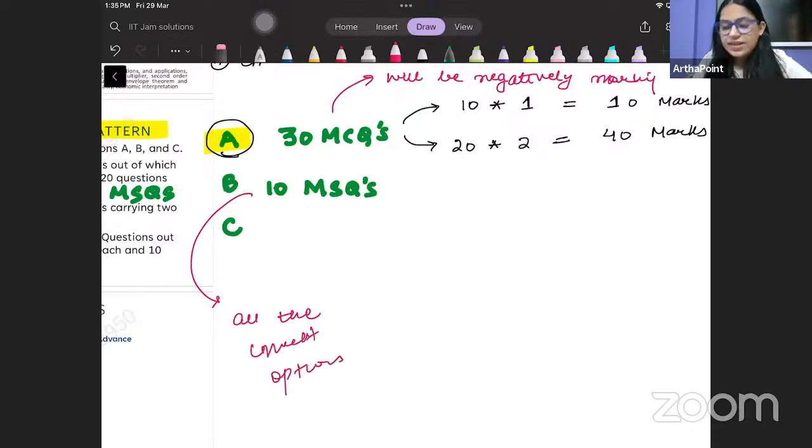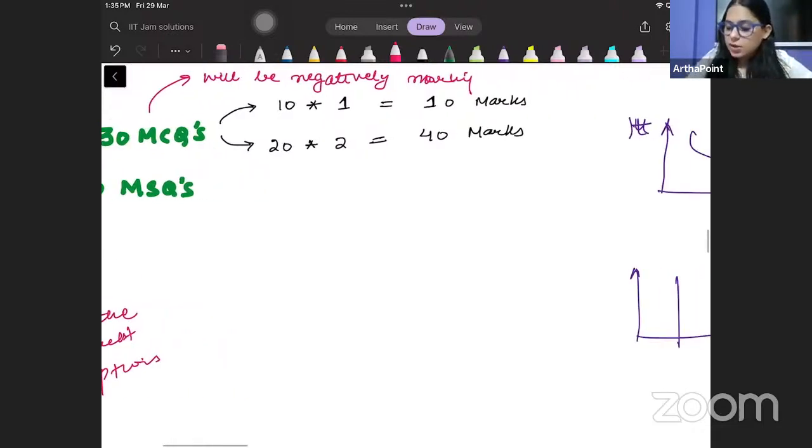So let's say that out of 4, there are 2 correct options and you mark only 1, or there are 3 correct options and you mark only 2, then you will not get marks. So you have to mark all the correct options to secure marks in multiple select questions. Now there will be 10 multiple select questions in this case.